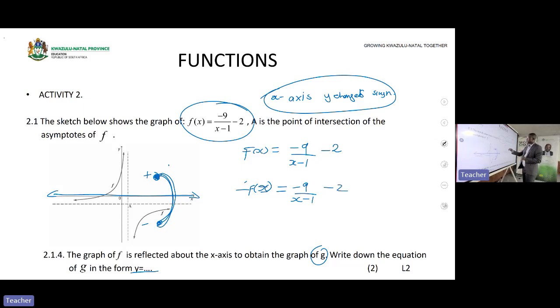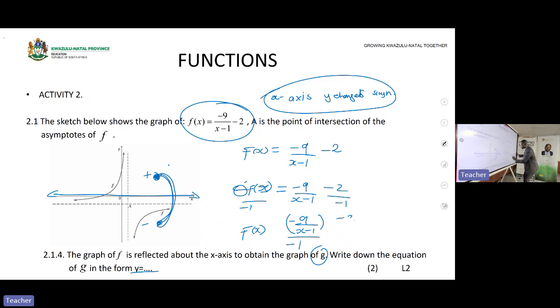So where there is y, because we are reflecting about the x-axis, y changes its sign. And then we are going to make y the subject of the formula, because we must leave our equation in the form of y equals to. So we must divide by this negative. When you divide by -1, you are left with y equals to 9 over x minus 1, because I'm dividing all of this by -1, even this term.